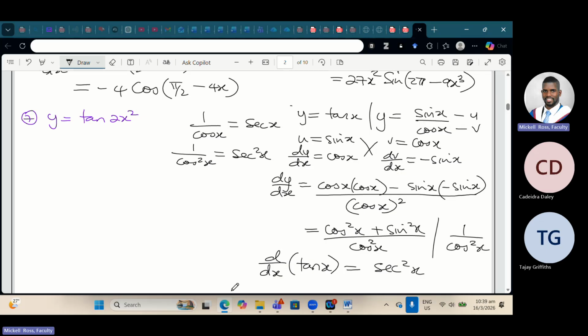Anybody can answer. What's the question? If you differentiate tan 2x squared, what would you end up with?